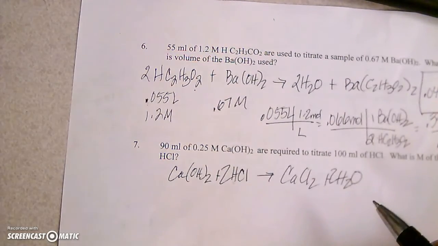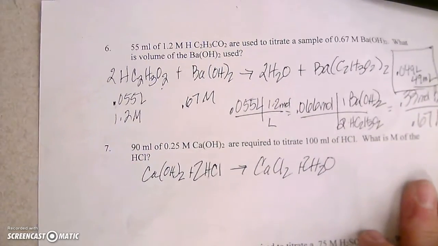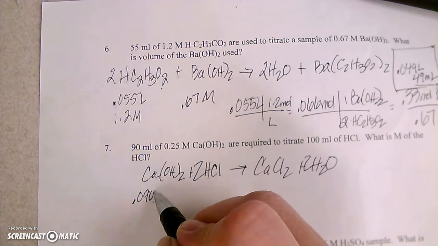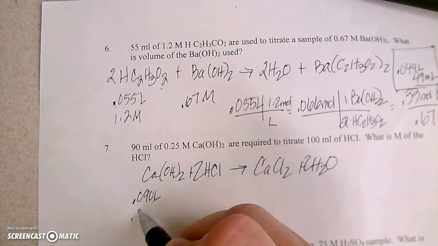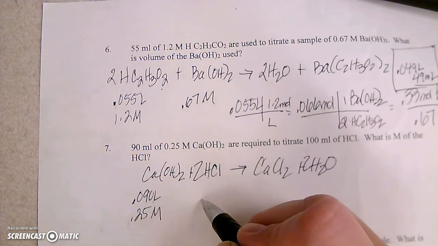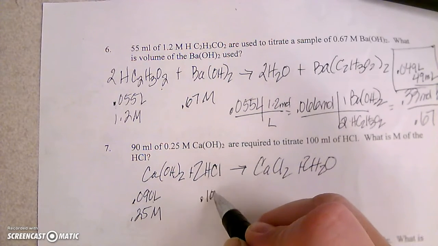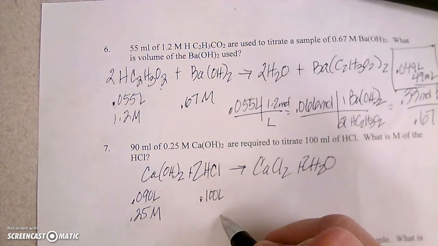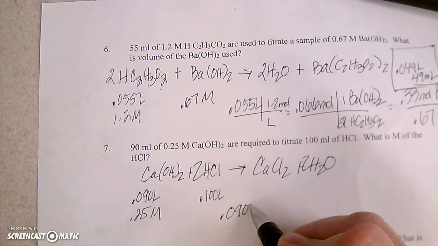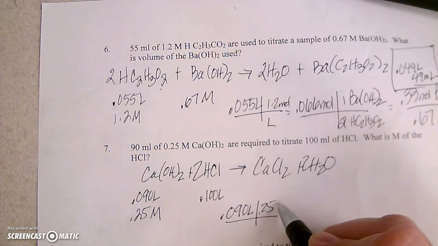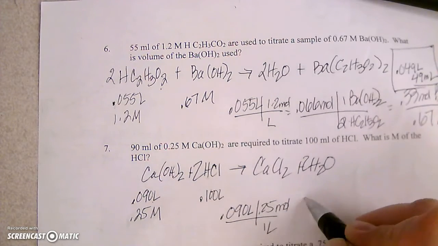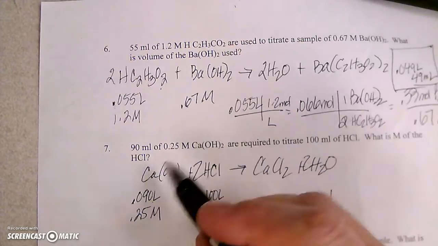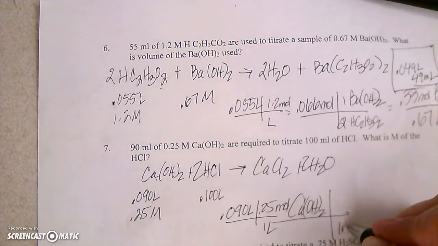Okay. We have 0.090 liters of calcium hydroxide, 0.25 molarity. Our hydrochloric acid, we have 0.100 liters. We want to know the molarity. Our ratio is 1 to 2.